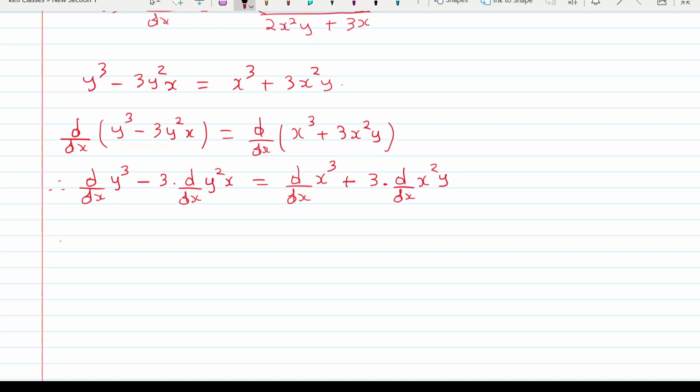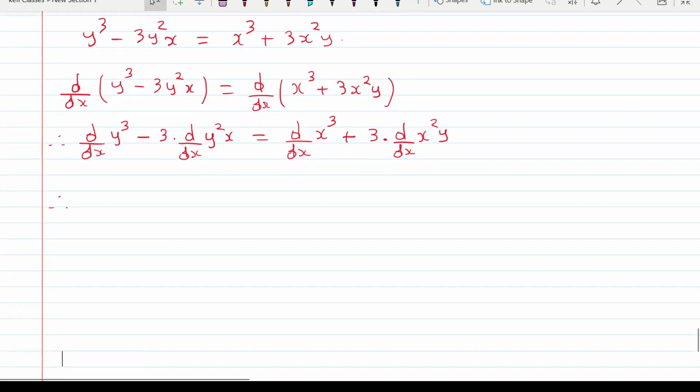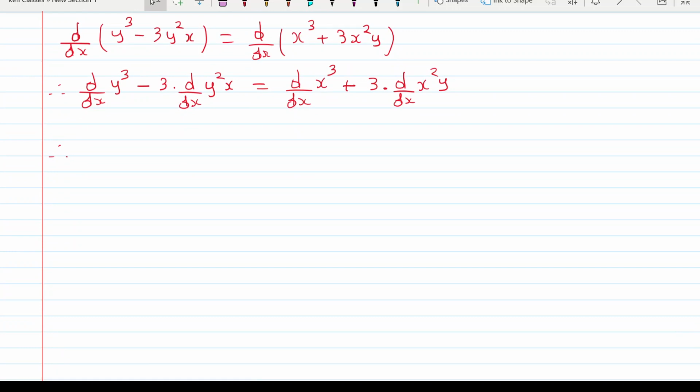Okay, now what we have to do? Take its derivative. So if you see y, take its derivative as if it's a normal term and then multiply by dy by dx. So this will be 3y square dy by dx minus 3 into brackets. बिकॉज ये देखो अभी ये माइनस भी है, 3 भी है उधर, and this is on a product rule, so that brackets is very important.